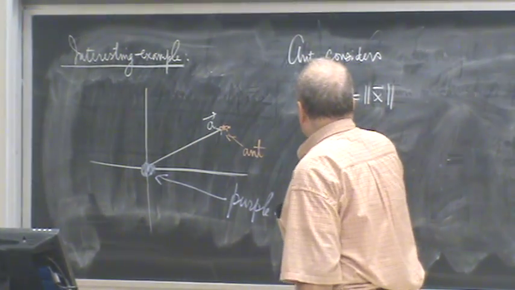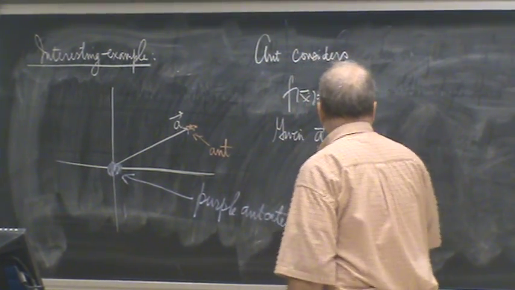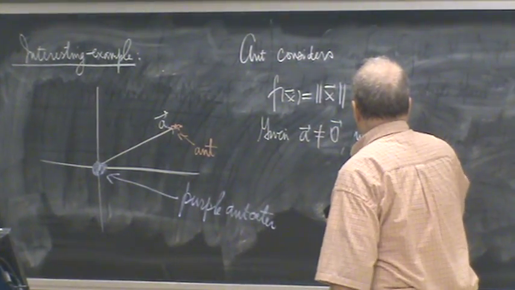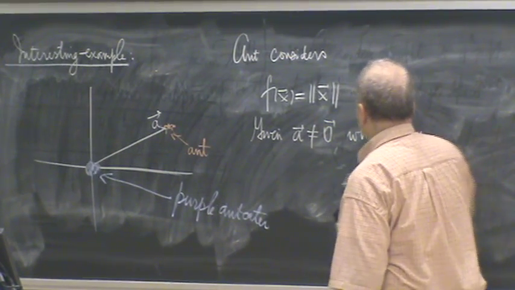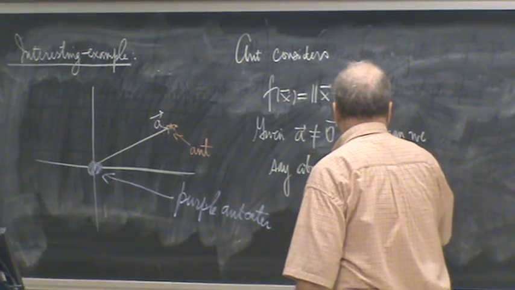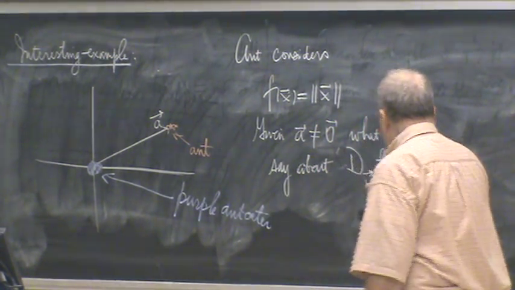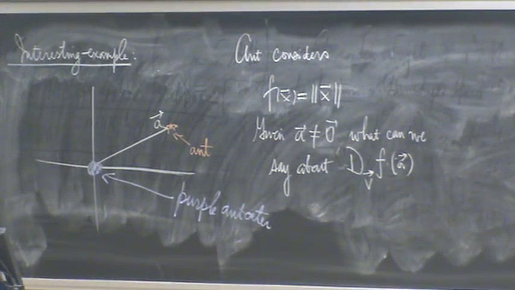So, given a point A, given that the ant is not at the origin, what can we say about the directional derivative of f at the point the ant's at in the direction of some vector v?